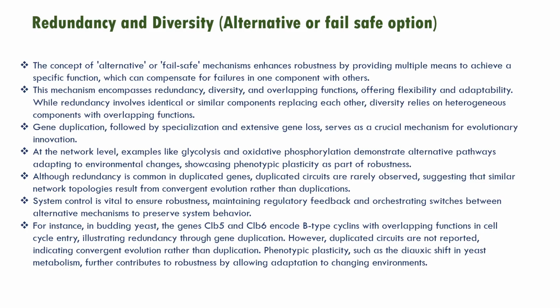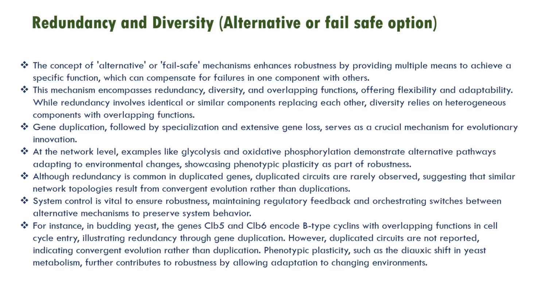Similar network topologies result from convergent evolution. Convergent is basically all different elements moving to the same state. So this is the result of convergent evolution and not gene duplication.